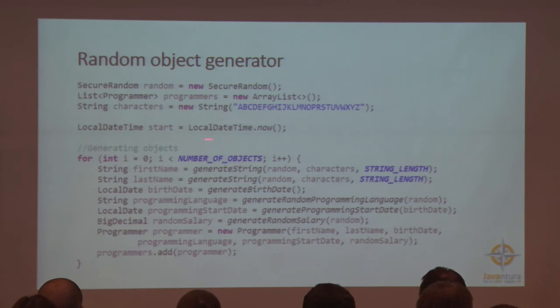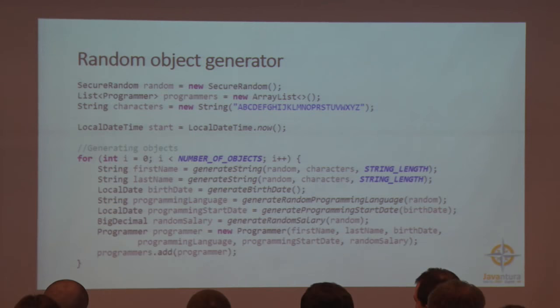I'm playing with this number of objects constant, which of course can be stretched from 10 to 1,000,000. To see whether we need to use lambdas only for 10 objects, or whether they are better for environments with 1,000,000 objects. But does it make sense to have a list with 1,000,000 objects?